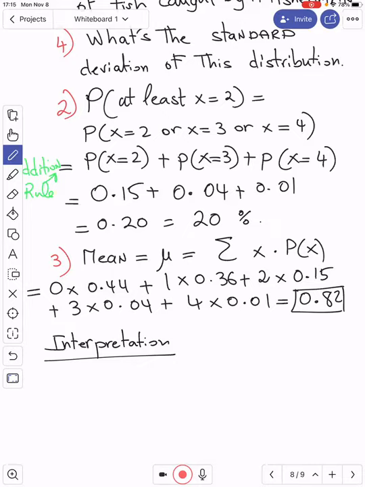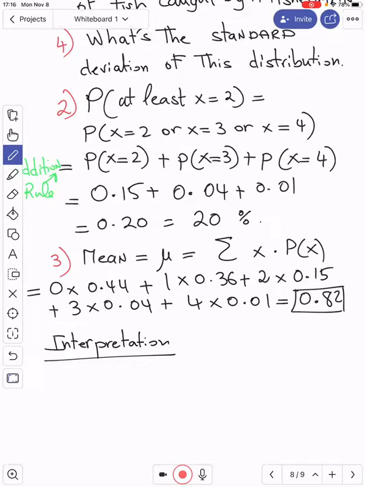But when you say the minimum is 2, then that's like saying it's 2 or 3 or 4, right? And then you use this addition rule, of course. That's a good point. But again, at least means the minimum number.